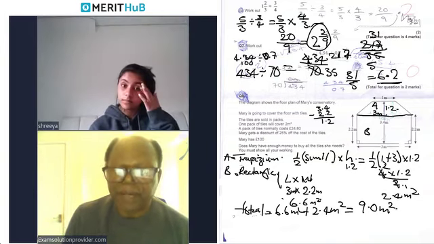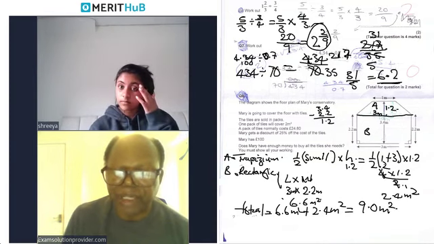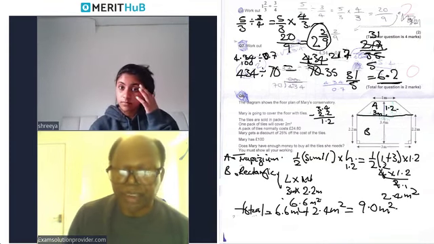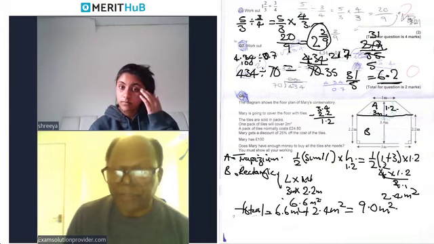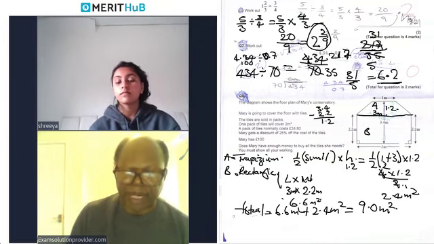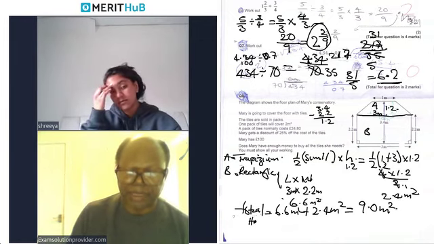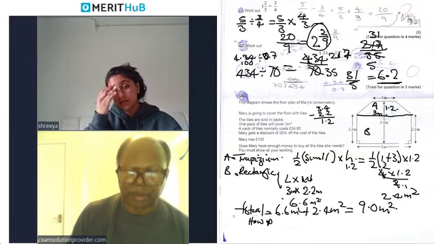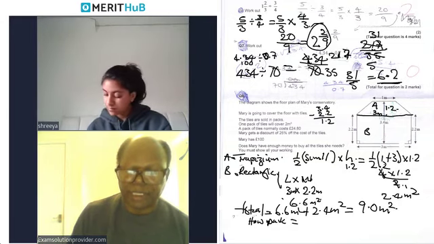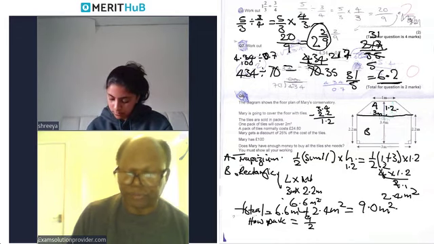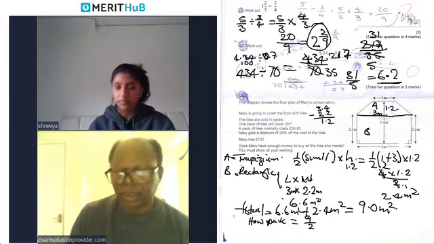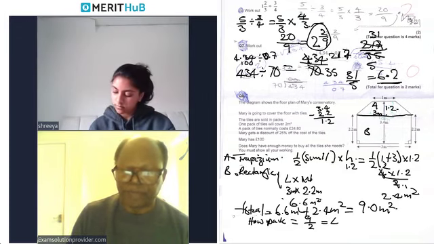One pack of tiles will cover 2 square meters. So we need to find how many packs he needs. To find the number of packs, we need 9 divided by 2, which gives us 4.5.